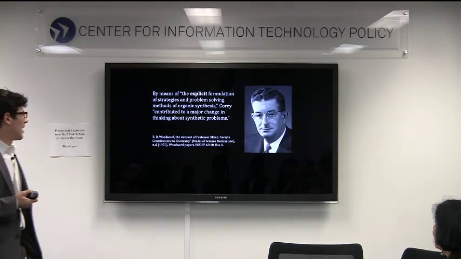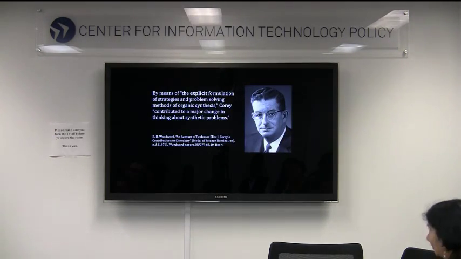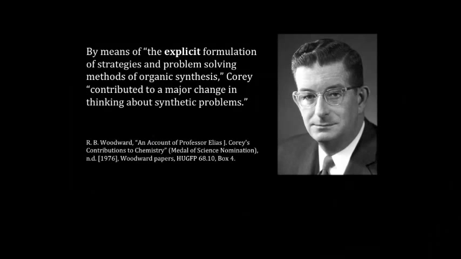And to do so, we're going to go back to Woodward. In 1976, Woodward, never the most generous of colleagues, reputedly, nevertheless decided to nominate his colleague E.J. Corey for the National Medal of Science.